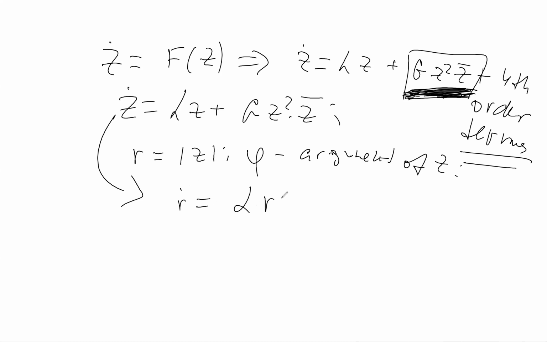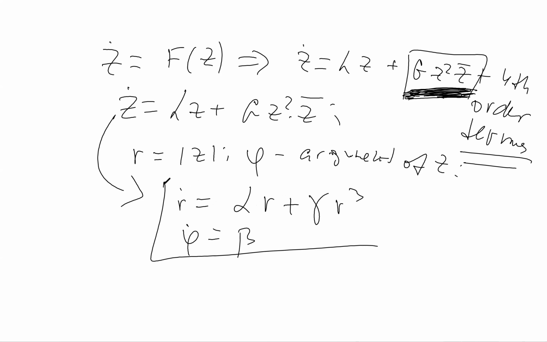I didn't derive it, I just tell the story briefly. Plus something times r cubed, let's call it gamma. And phi dot equals beta. This is what we get after the transition to these variables.